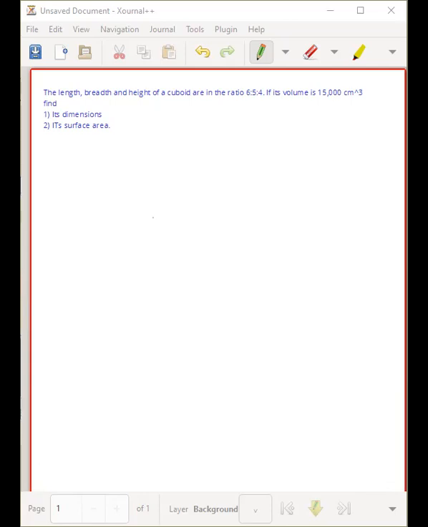Whenever we have sides given in the ratio. So what is your X value coming out to be? No, that is incorrect.